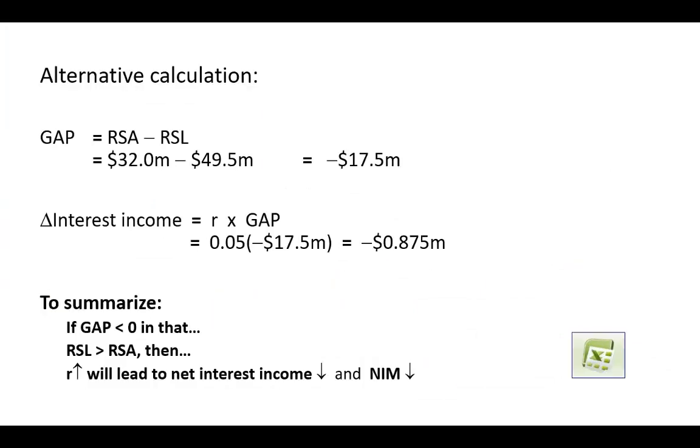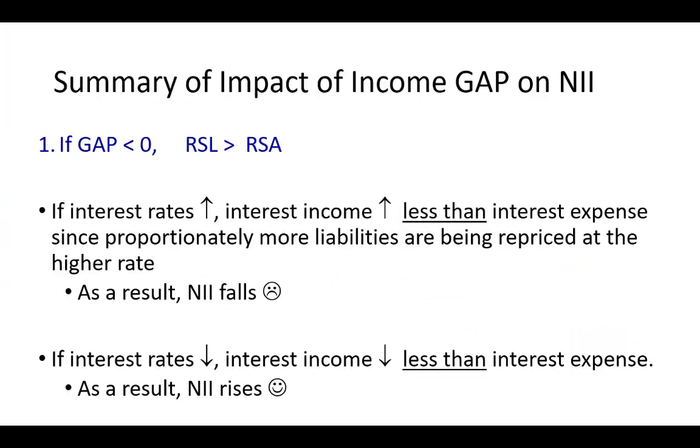So let's go right back here and summarize everything we've learned so far. If gap is negative in that our rate sensitive liabilities exceed rate sensitive assets, we found that when interest rates go up, interest income is going to go up. However, it's going to go up less than interest expenses.